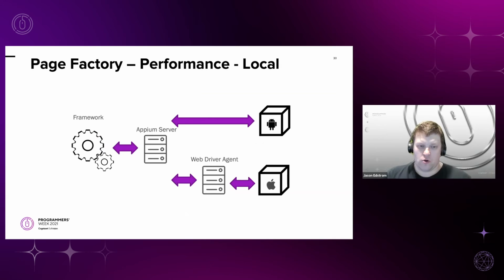So here on a local level, we have the framework talking to the Appium server. If you're running an Android test, it talks directly to the Android subsystems to allow the automation to happen. For iOS, as of iOS 10, so 5 years ago, you now need a WebDriver agent app installed in order to make those automation calls happen. So you have two HTTP servers in place, and they're both made out of Node, if I remember correctly.